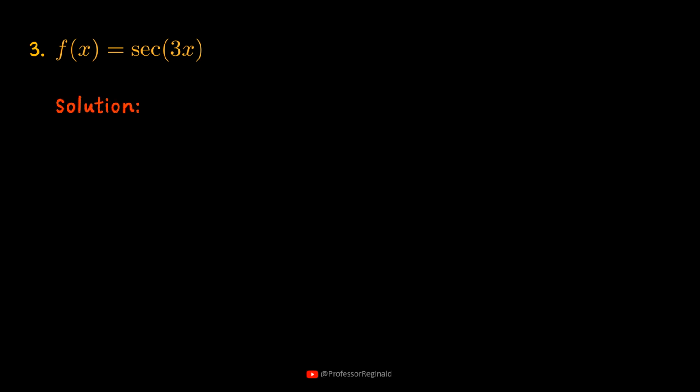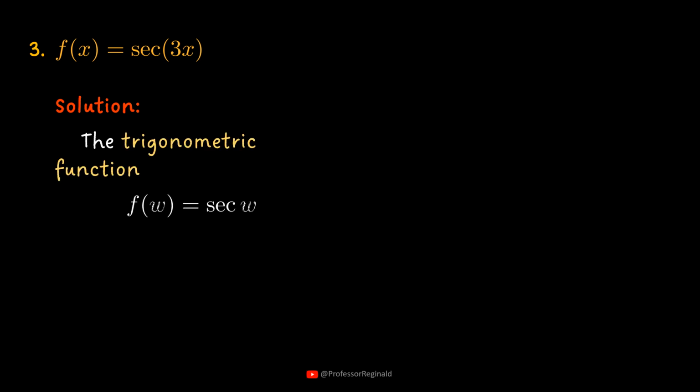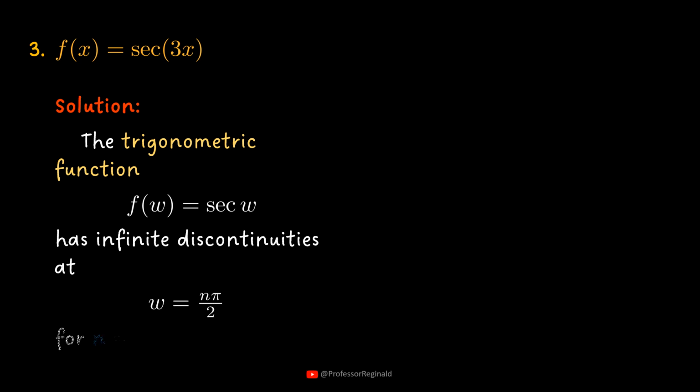Solution. The trigonometric function, the secant of a dummy variable, say w, has infinite discontinuities at w equals n pi over 2 for n equals positive or negative 1, positive or negative 3, and so on.